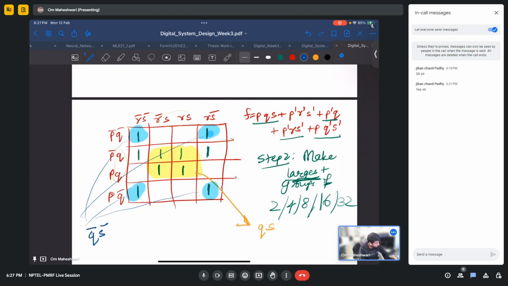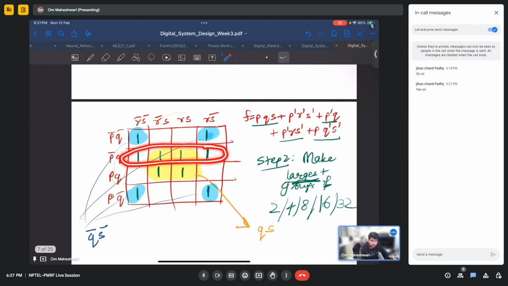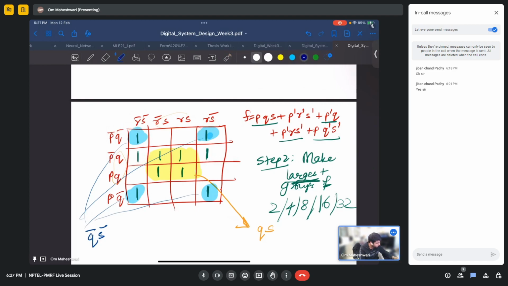Then we have these remaining two. So these two can form this quad or they can form this quad. So let us make both and see.